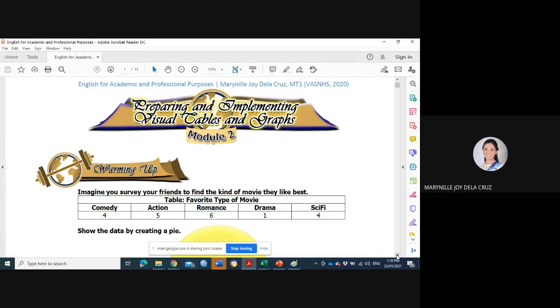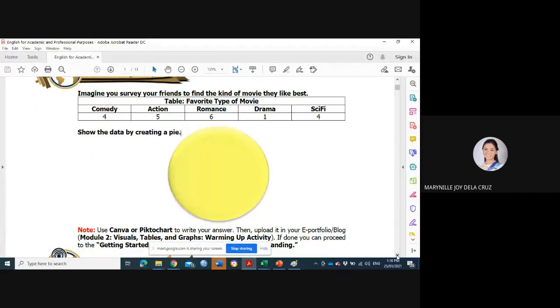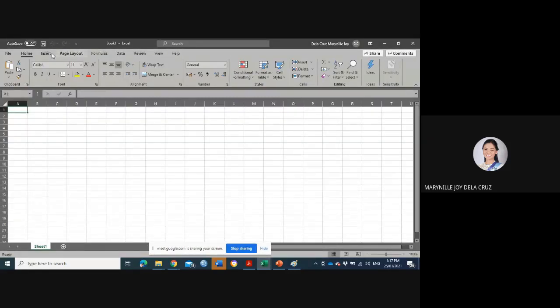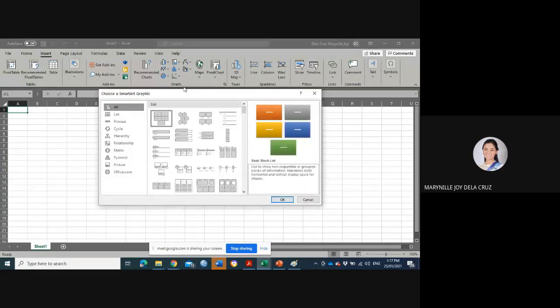So I ask you to learn how to create a pie chart using the different information below. Actually, this one is a very easy topic. All you need to do is to use Excel for that. Insert, illustration, SmartArt, and you need to use a pie.